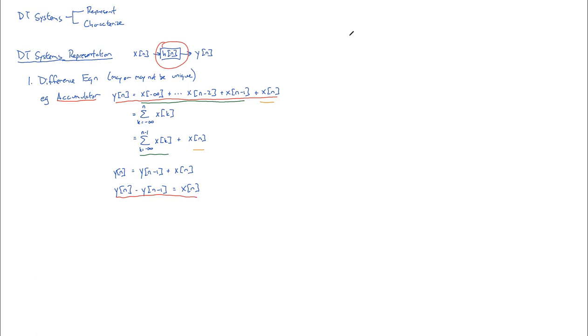I just missed that part where you went from that second summation to the y of n minus 1, if you don't mind. Sure. Let's just plug in here what happens. You know, I could put in y of dog, right? And then I'd get x of minus infinity plus all the way up to x of dog. So instead of dog, I'm going to put in y of n minus 1. So now I've got x of minus infinity plus all the way up to x of n minus 1.